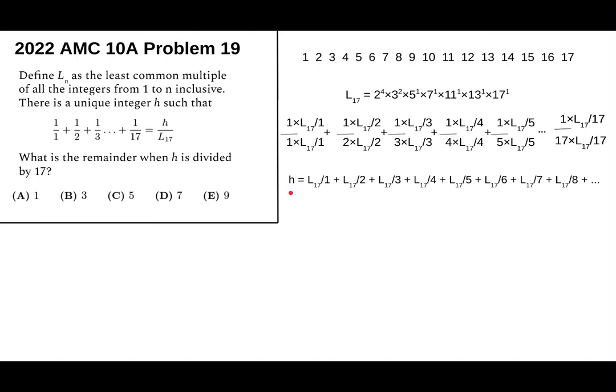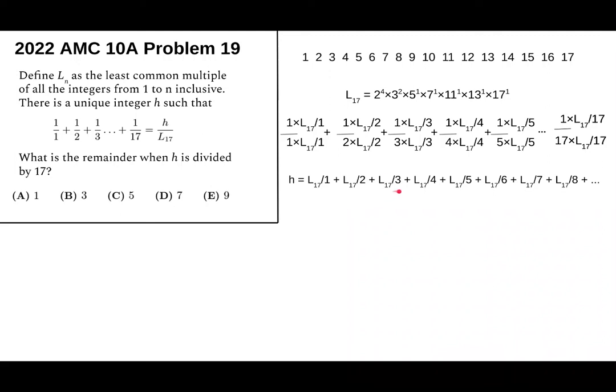So now for h, when we divide each of the terms by 17 to find the remainder it leaves, all the terms other than the last will be divisible by 17, because L of 17 in itself is a multiple of 17. And if we divide it by any number other than 17, because 17 is prime, it's also going to leave a remainder of 0 when you divide by 17.